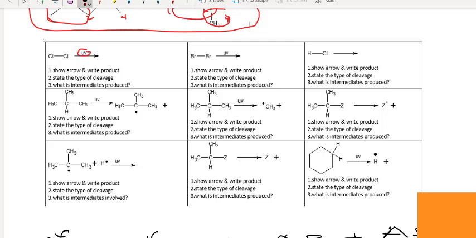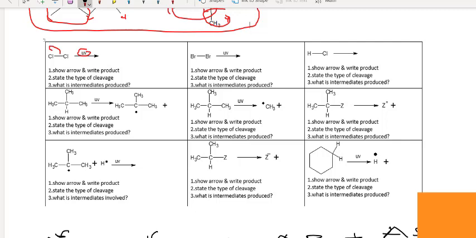The bond between the 2 Cl contains 2 electrons. In homolytic cleavage, the bond breaks symmetrically, meaning one electron is given to each Cl. The arrow must be a single-headed arrow.